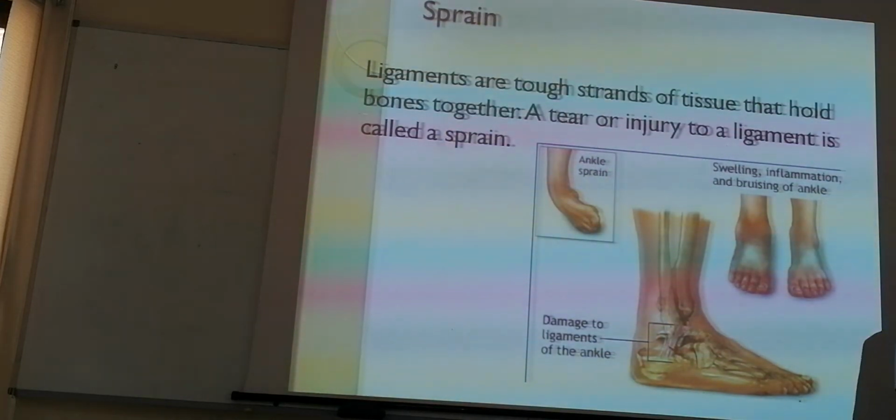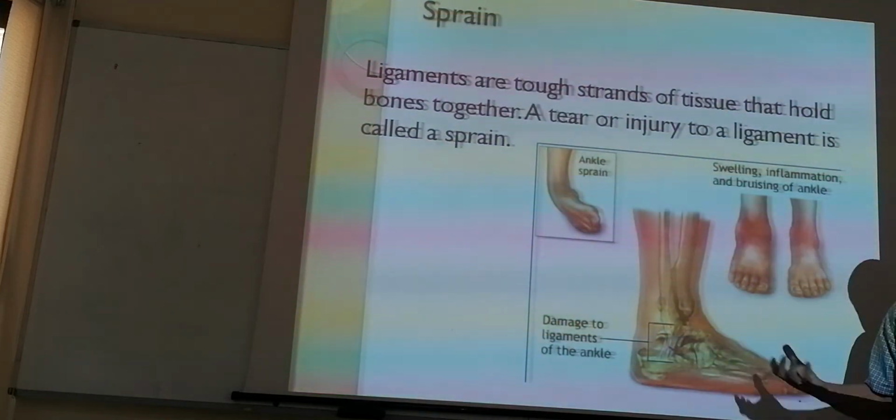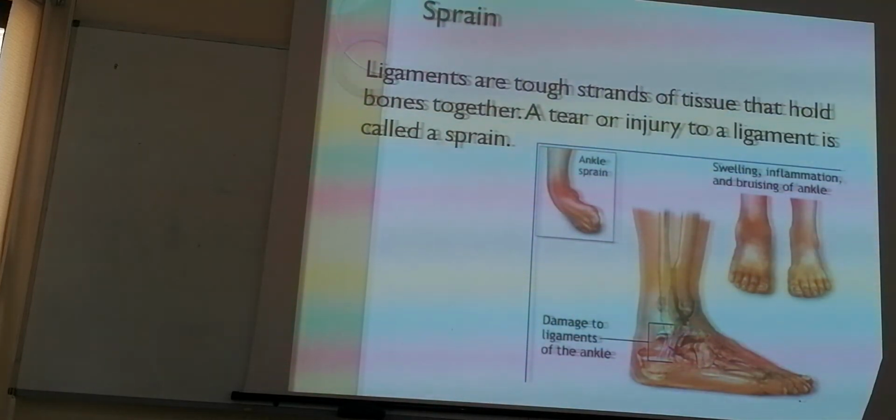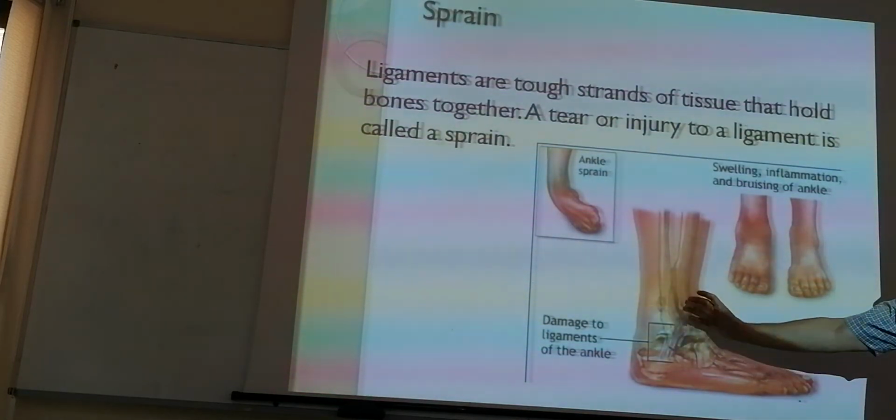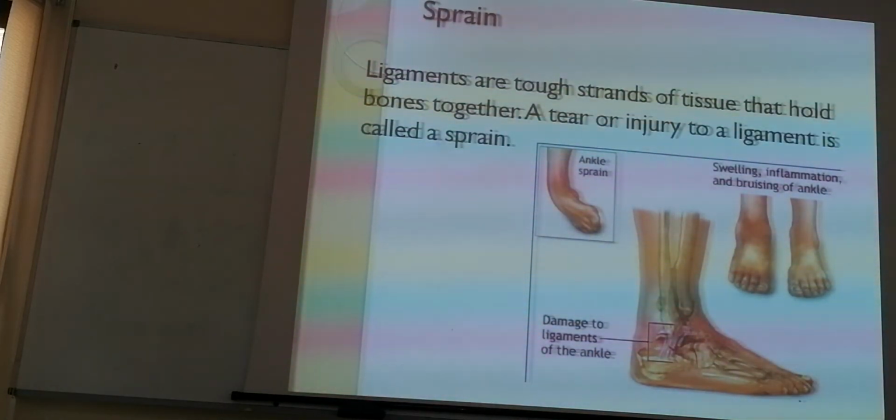And they are also coordinating the movement and keeping the alignment of the bone and the body. So the shape and the movement will be in a normal position. But if some tear is there, sometimes you also find deformities.